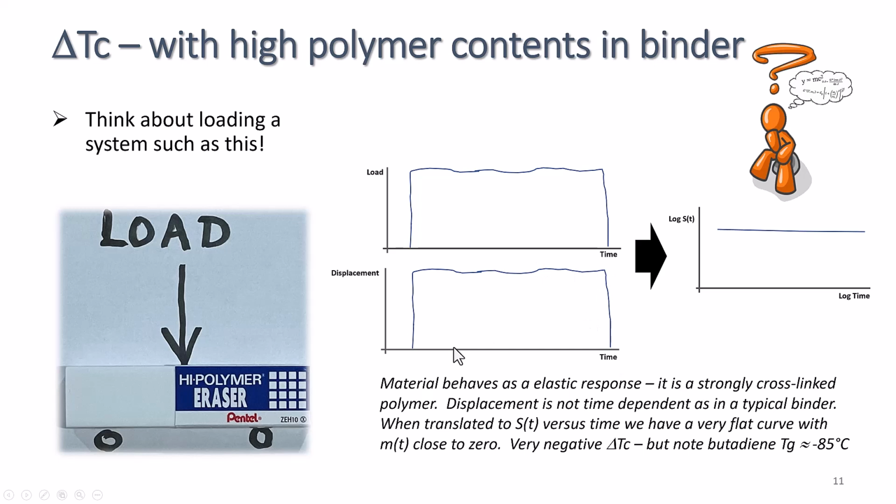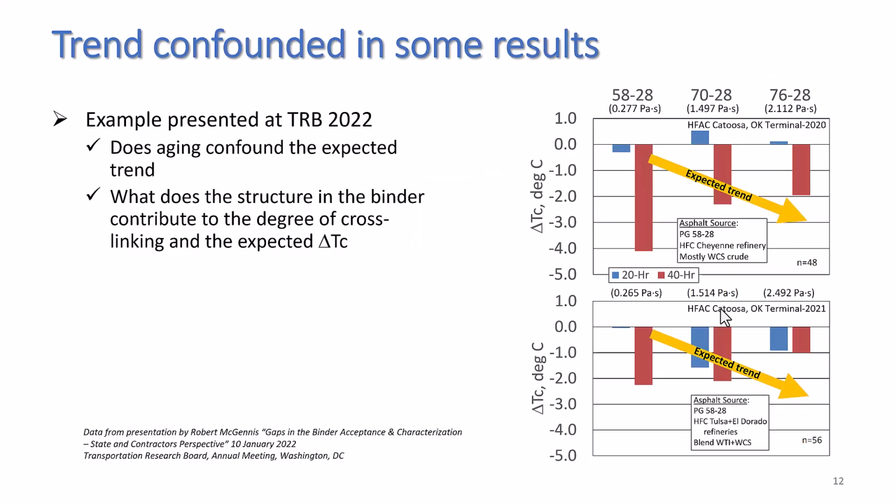It's basically a viscoelastic solid, and it will just stay like this. So the stiffness curve will look something like this, and the material will have a very negative delta TC, but it won't crack. The butadiene in that material has a Tg maybe around -85, and the material won't crack. And I like to think that maybe this is some of the explanation about why we see these results.